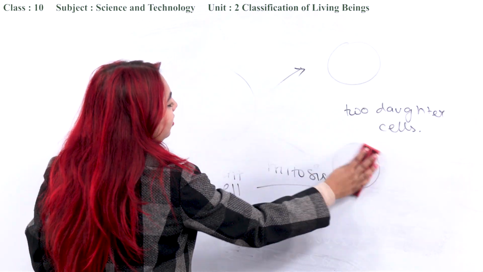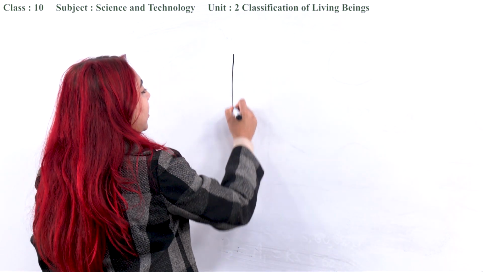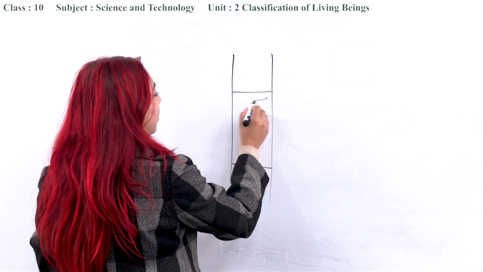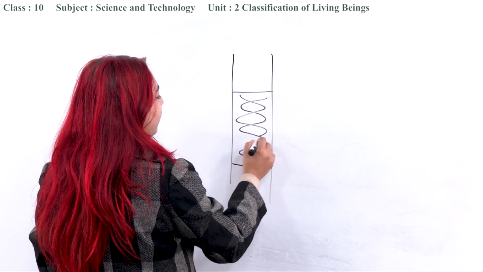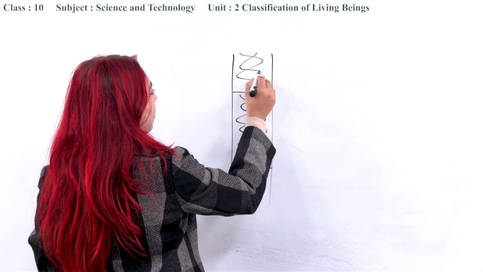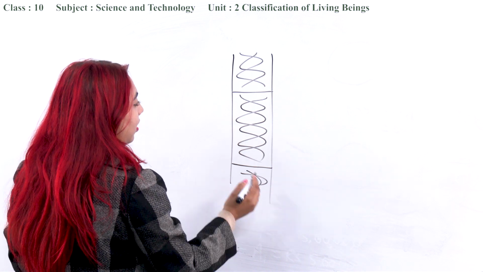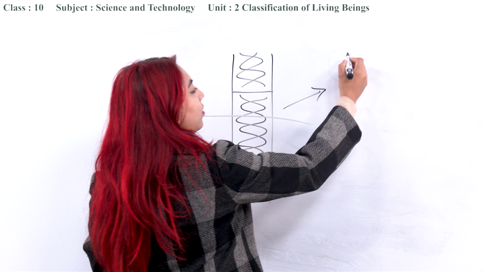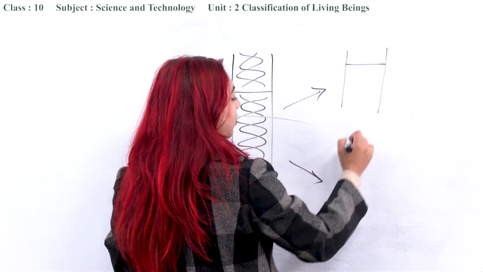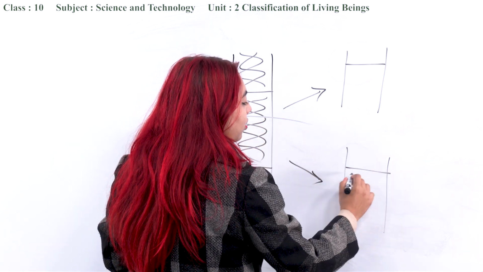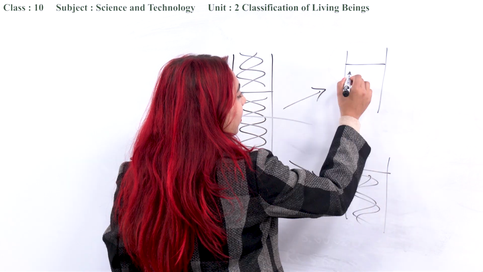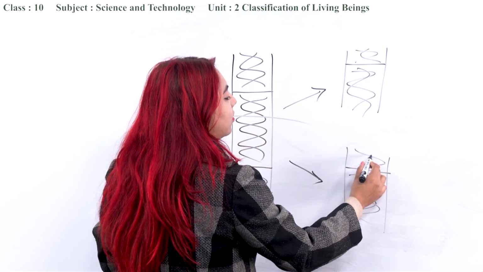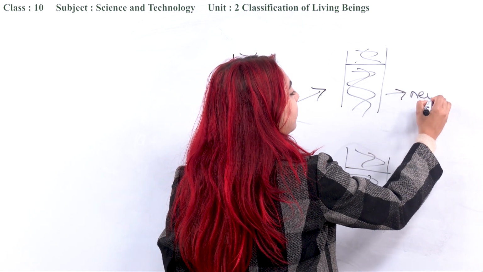And in fragmentation, in Spirogyra, suppose this is Spirogyra, it has a spiral. Now it fragments to give two daughter Spirogyra, and each of these fragmented pieces will give rise to a new organism.